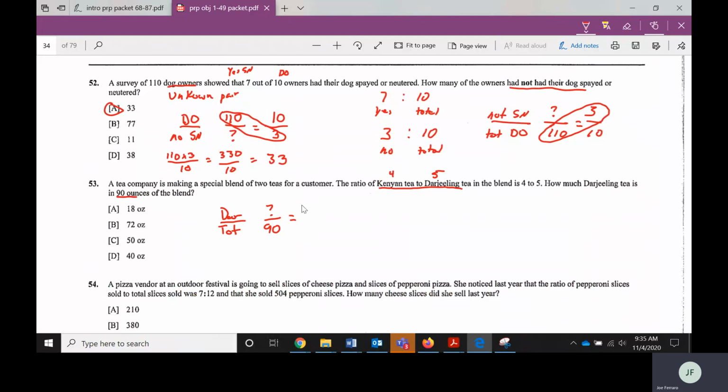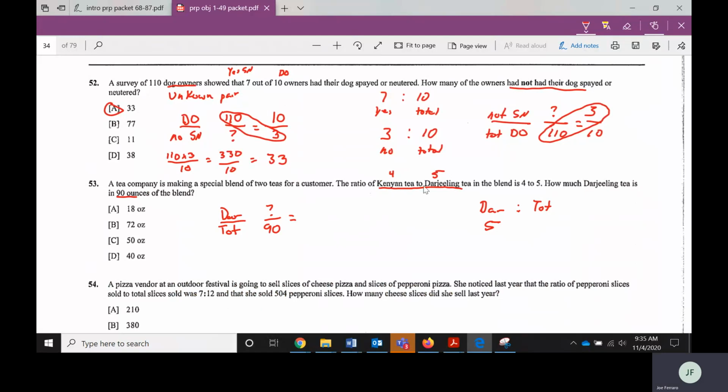Okay, now be careful, don't just go 4 to 5 or 5 to 4. It could end up that way, but look at what they give you. They say 4 to 5, which is Kenyan to Darjeeling. But we want Darjeeling in total. So if we want Darjeeling in total, Darjeeling is the 5, right?